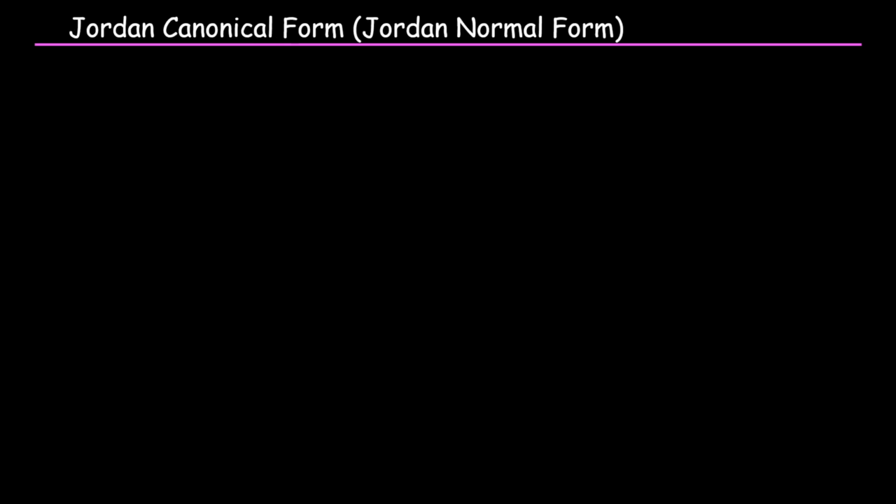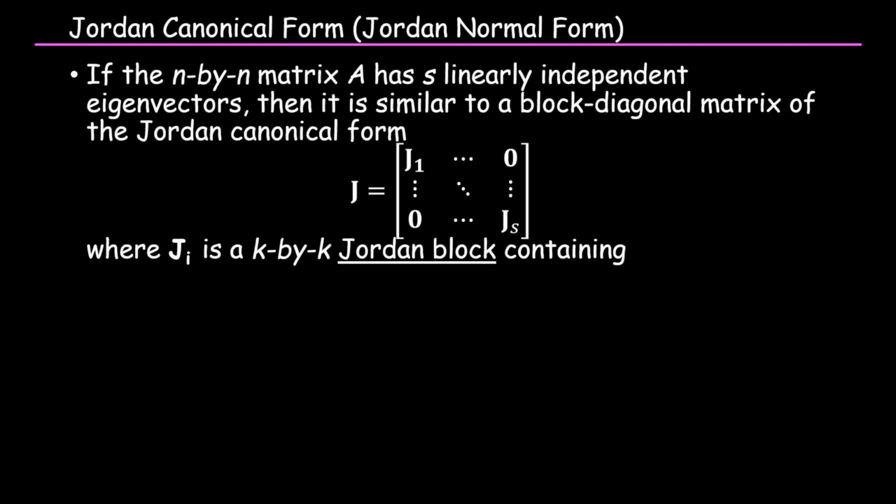And so now this brings us to the Jordan Canonical Form, or the Jordan Normal Form. So, what is this? Jordan, it's not Michael Jordan, and it is a very interesting matrix. For starters, it is a matrix.